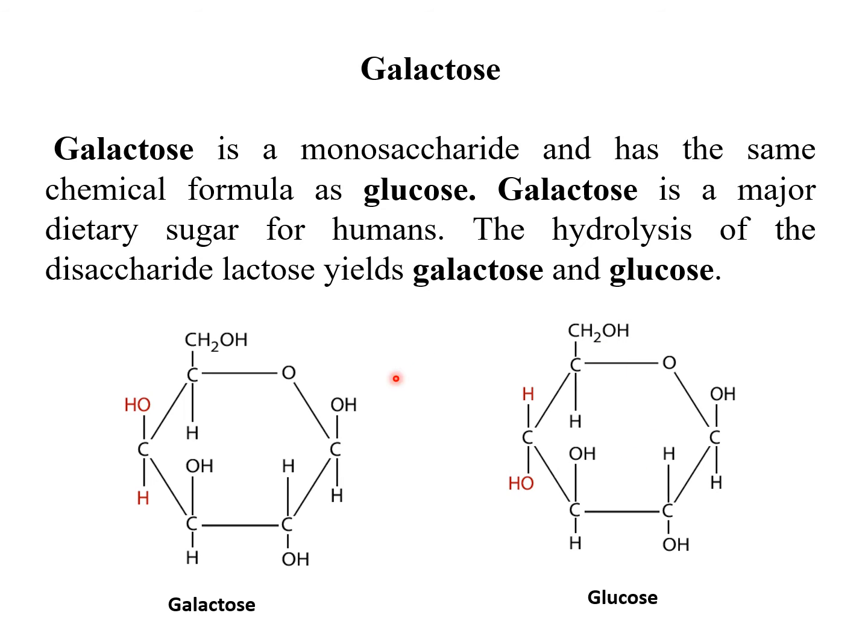Here you can see the structures of glucose and galactose, which are completely similar except at carbon number 4, where the plane is changed. If the hydroxyl group is above the plane, it is galactose, or if the OH group is below the plane, it is called glucose. Apart from that, everything is the same. The difference is only at position 4, where the orientation of the H and OH group is changed. Clear?